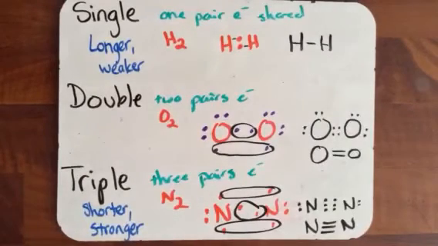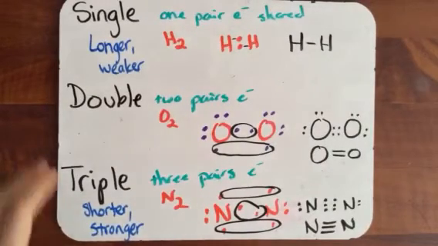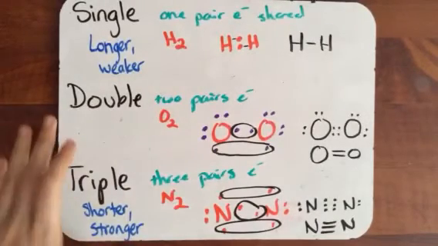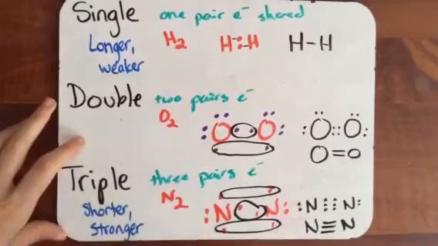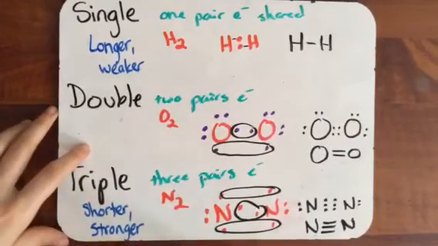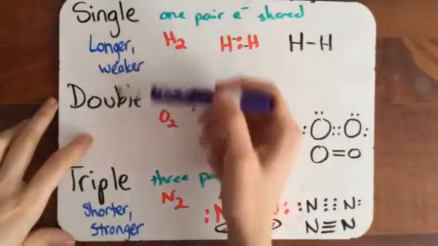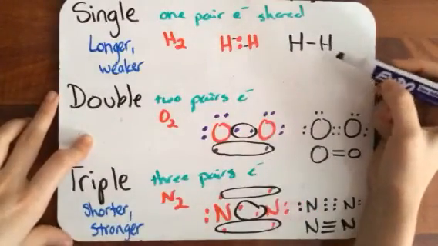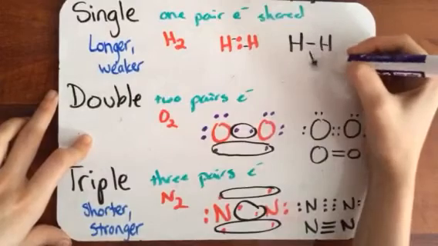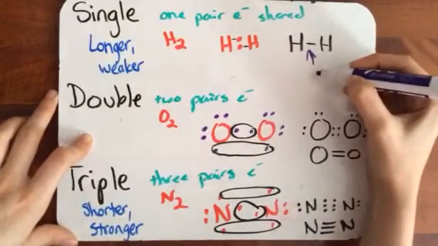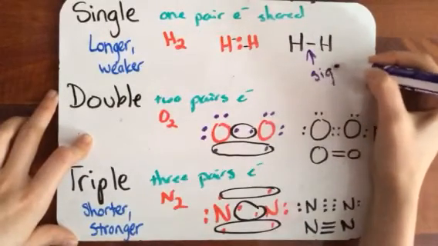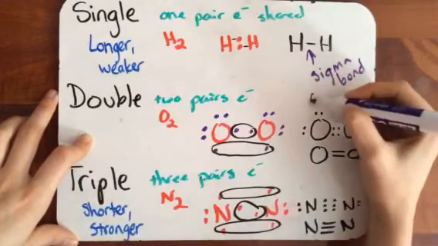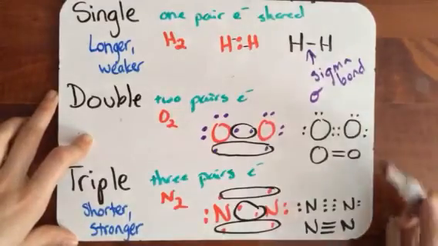Now, in addition to knowing that you can have multiple bonds, there's another detail that you need to know. Some of these bonds have different names, which kind of sounds strange. So these are the types of bonds. Every time you have 2 atoms that bond, the very first one that is made is called a sigma bond, or you might see it as the Greek letter sigma.